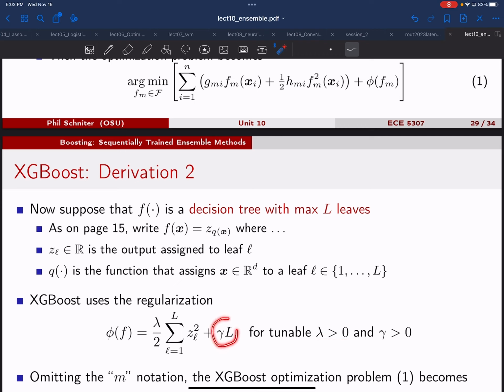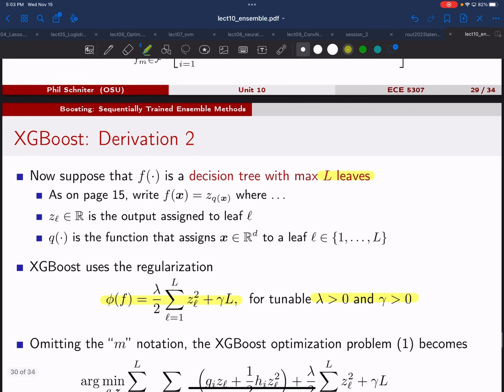The second term in our regularization is going to somehow penalize L. L are the number of leaves in the tree. So we'll see, it's not obvious now, but we'll see that this second term will actually help us not go too deep when we do our trees. Okay, so that's essentially the regularization that XGBoost uses. These are some numbers we'll need to tune. They come up with default parameters, but these are the sort of things you can tweak a bit to maybe get it to work better.